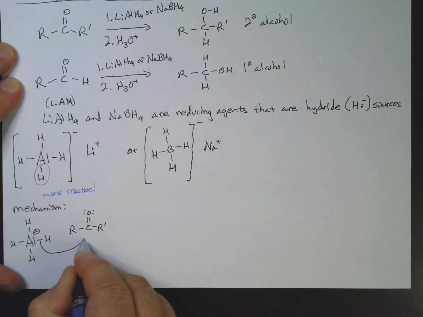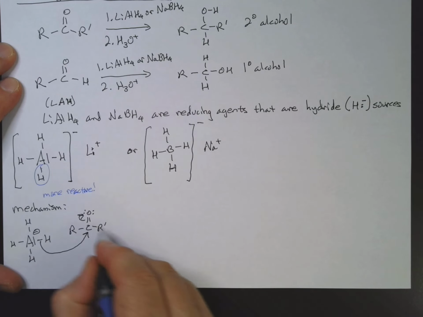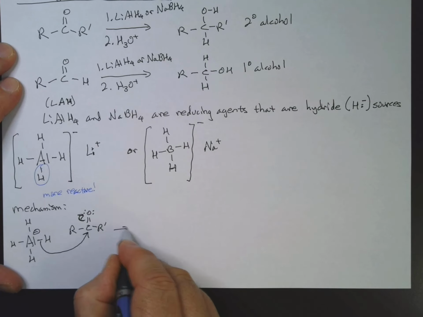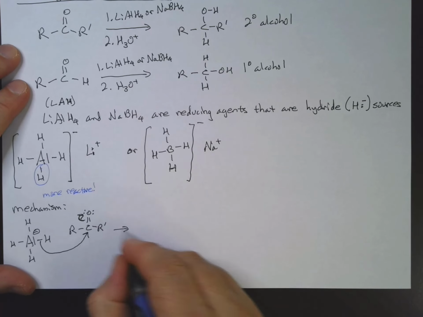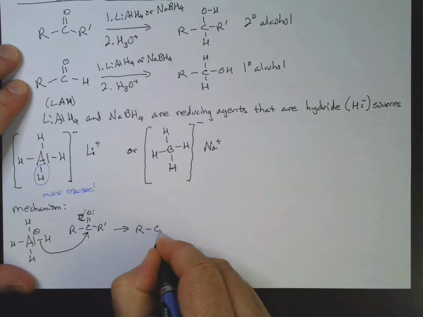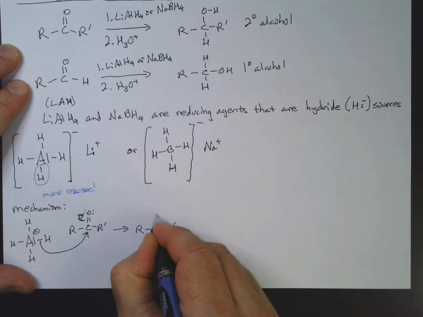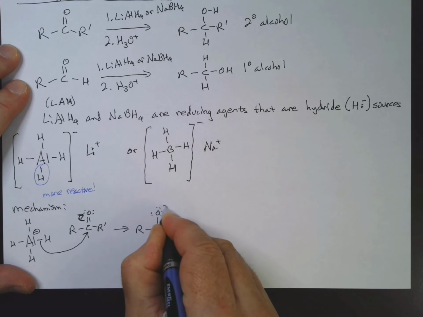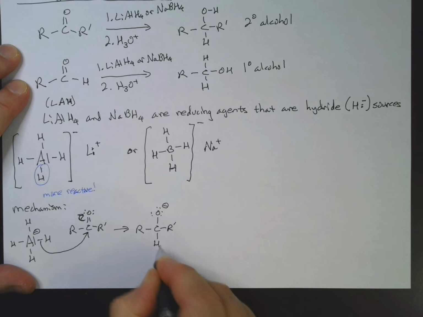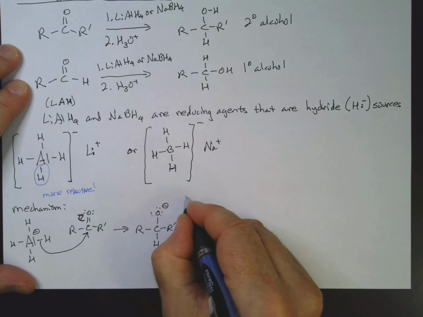What happens is the H minus goes to form a new hydrogen-carbon bond. This isn't reversible, so I'm just going to write that arrow like so. Now we get O minus, and we have an H there.